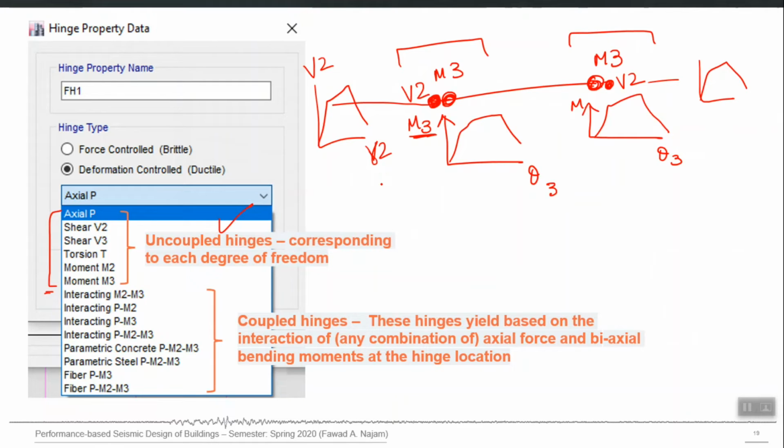For beams, we are mostly interested in flexural nonlinearity, bending moment. So only M3 hinge will be required. For coupling beams, for example, diagonally reinforced coupling beams in shear walls, we may require only a shear hinge because they will not deform in flexural action. If there is a truss element, we only may require a P axial hinge because a truss element is not going to undergo bending, or we are not interested in a particular action, right?